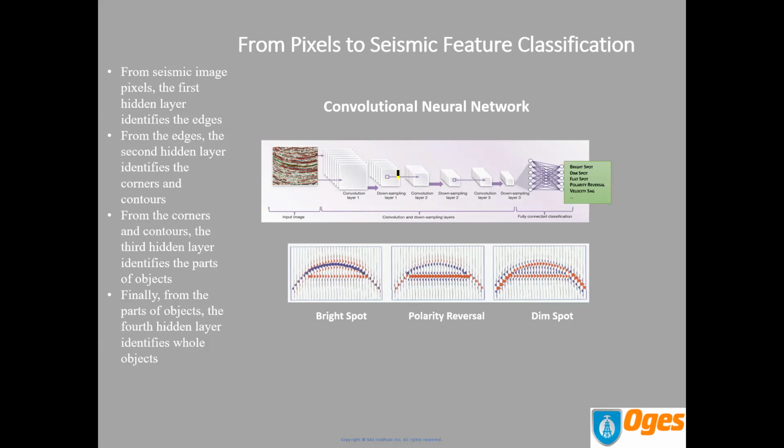So this is the architecture of training it, and the classification that comes out in the final part of the architecture, with this fully connected classification technique, will then decide, okay, I see this many dim spots, etc. So this is a technique that can very quickly accelerate the process of identifying important areas that were perhaps in a brownfield, potentially for re-engineering, where do I drop the next producer, etc. Or in the case of a greenfield, we have a seismic.